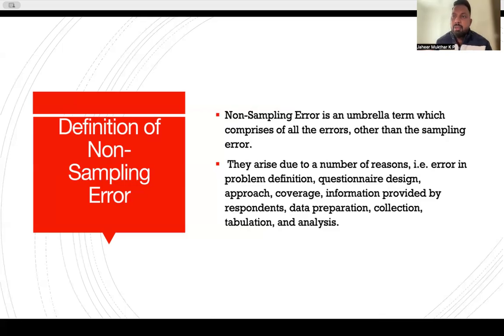Whenever we get responses from the respondents, we also have to check and verify whether they are in a proper way. And whenever we are doing data preparation, tabulation, editing, coding, if we give extra care, definitely we can reduce our non-sampling error as well.